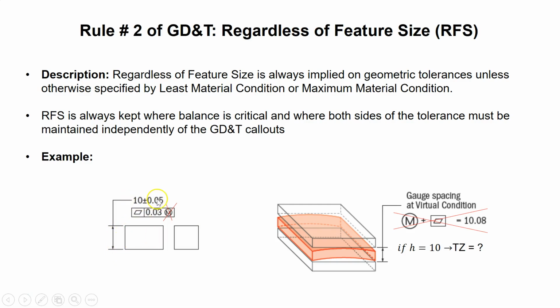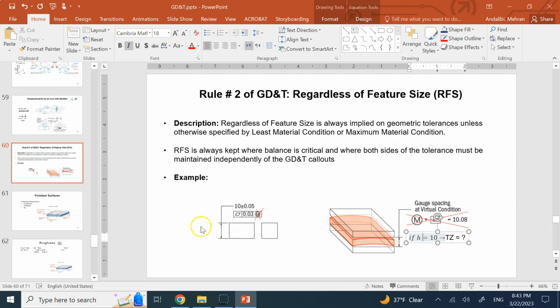Remember, if I made it 10.05, it was 0.3. If I made it 9.95, it was 0.13. And if I made it 10, it was 0.08. So what about this case? If I make it 10, which is the mid-range, how much is the tolerance zone? Guess what? No difference. It is always going to be 0.03 because there is no modifier.